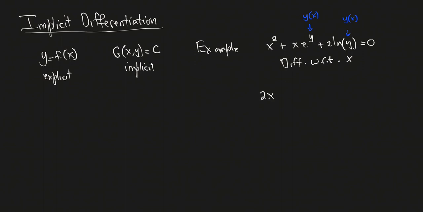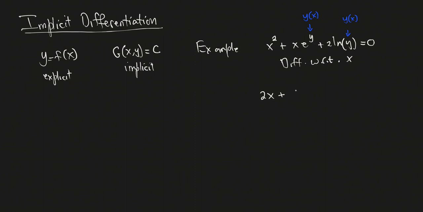So we would have 2x plus, now here, since y is a function of x, and you have e to the y of x, and then you're multiplying by x, we have to use both the product and the chain rules.